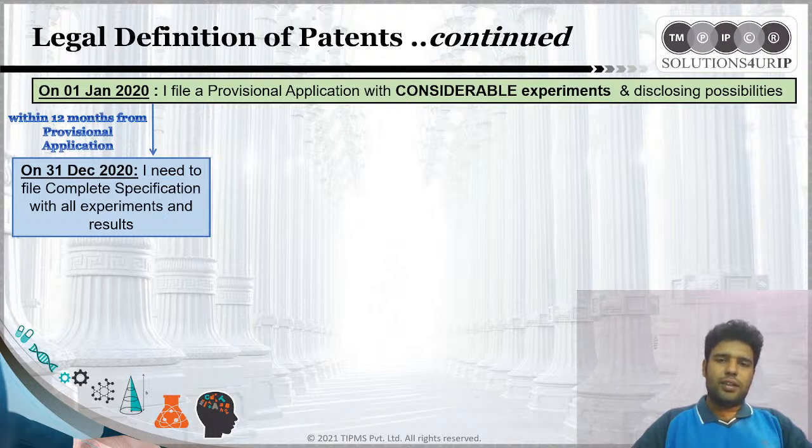In those cases, you have to obtain prior approval under the National Biodiversity Authority, and then only you will get the patent granted. But be aware that even if you have not obtained the approval yet, it is not like you will not be allowed to file your patent application.